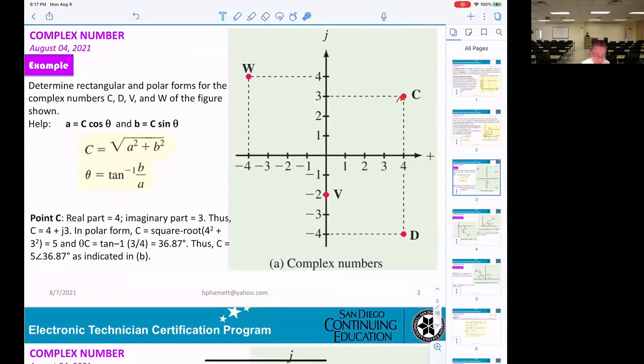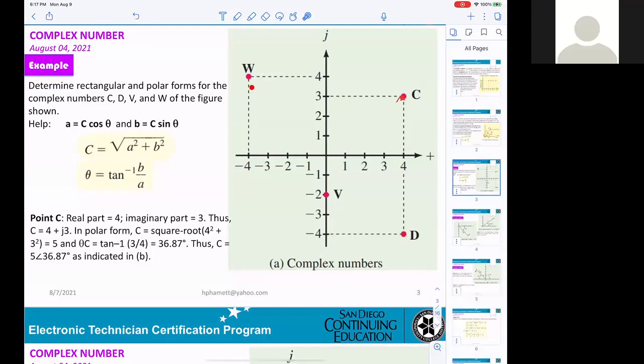and minus 4J. Correct? Yes, you can tell right away in rectangular. W, rectangular: minus 4 plus 4J.